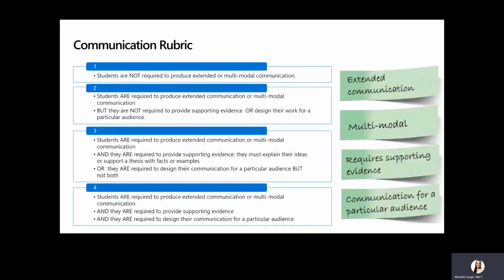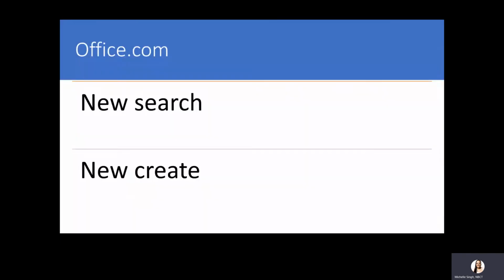And then when it comes to communication, sure, the students do talk to each other, but is the conversation supported with evidence? Is the communication for a particular audience? So we are going to take a look at some of these new features, and then in some of the applications that we talk about, we'll see how they can be applied to the 21st century setting.